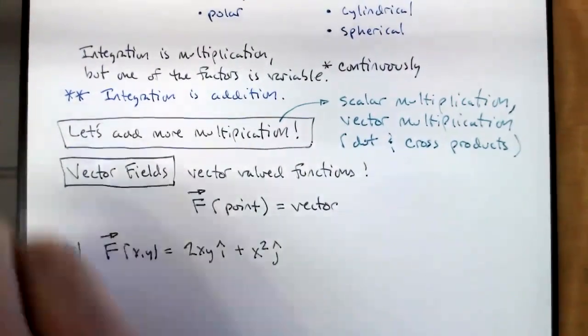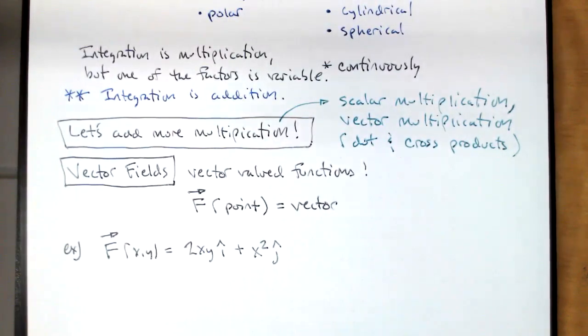So here's an example of a vector field. The input is just any point in R2, and the output is going to be a vector.